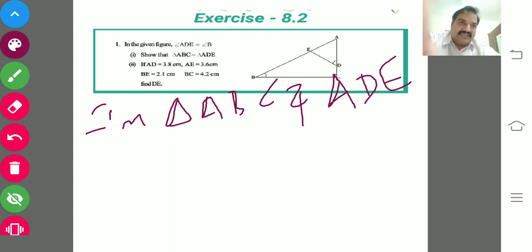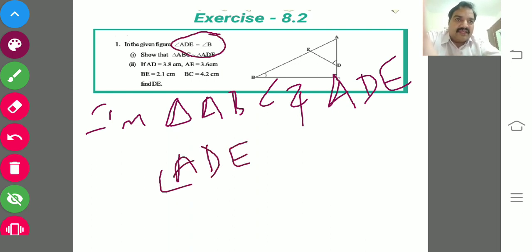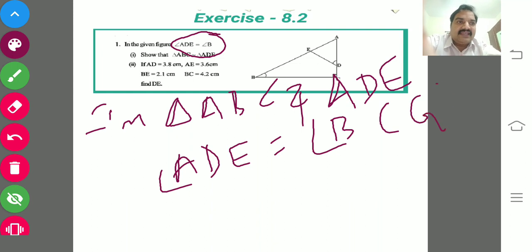So you can easily say that it is given that in triangle ABC, the condition is given, angle ADE equals angle B. So angle B is there in triangle ABC, and angle ADE is there in triangle ADE. So in comparison, I have taken one angle. It is given in the problem. I didn't do anything. I just have taken it as given.